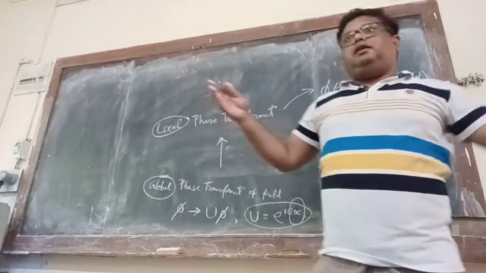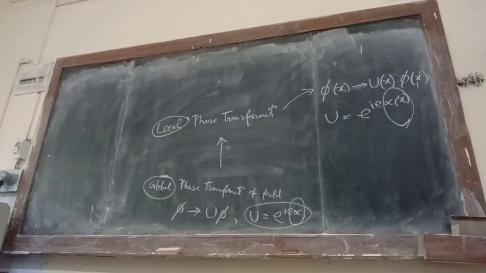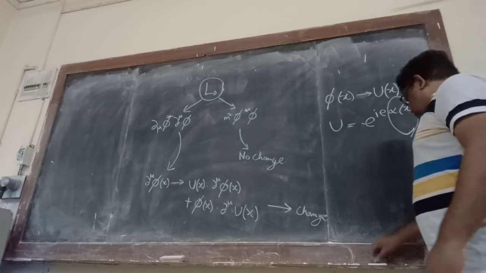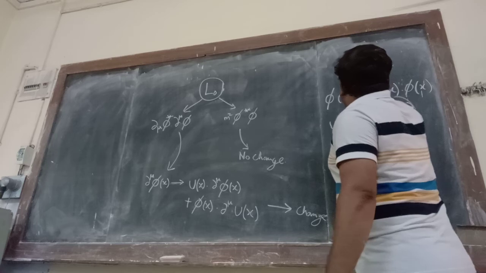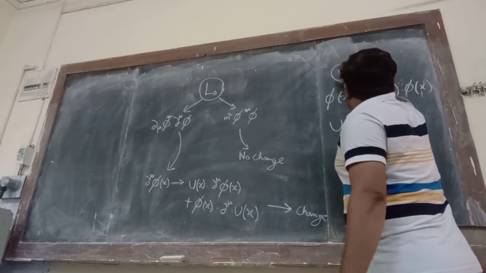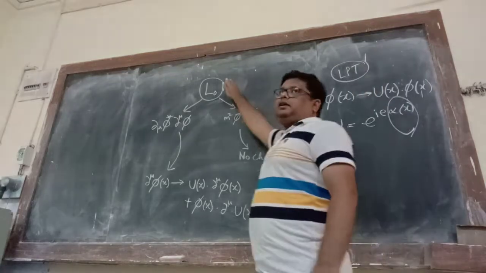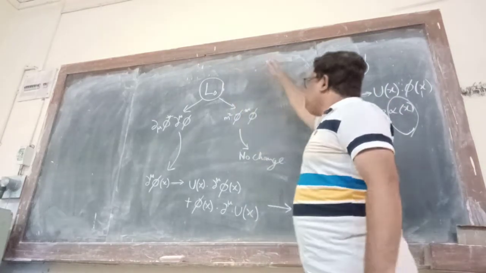Now let's see how this affects the Lagrangian density. Okay, so here you see I have written down the local phase transformation, right? And now let us concentrate on the Lagrangian density, which I have just written down previously on the blackboard.